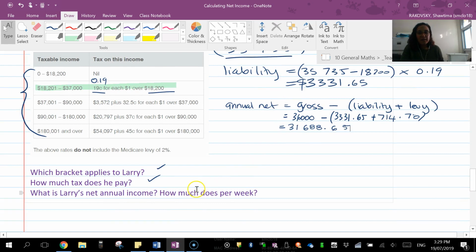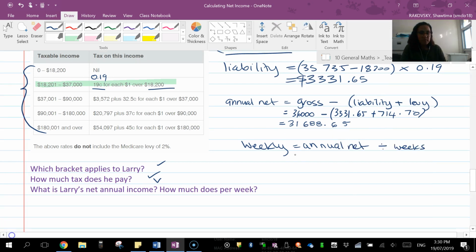And then you would take that money, so Larry's net income is that, and then how much does he earn per week? So the weekly is going to be annual net divided by the weeks.